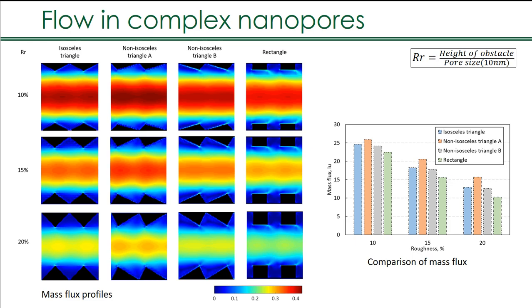And we also validate the method by changing the relative roughness and shape of obstacles in the pore. The relative roughness RR is defined as the ratio of the height of the obstacle over the pore width, and the steady-state solution of mass flux profiles are shown on the left.